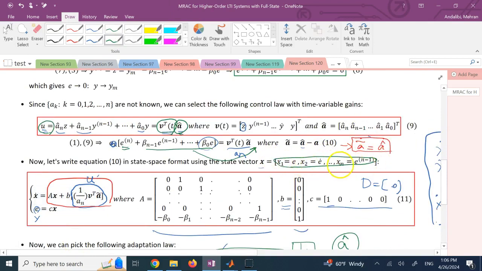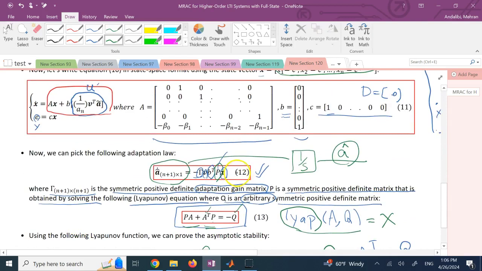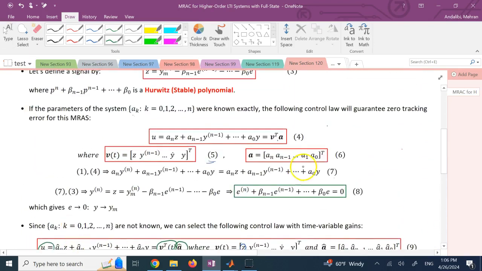So when X goes to 0, that means e and all its derivatives go to 0. When A tilde goes to 0, that means A hat is converging to A. So clearly, equation 12 gets B from 13, it gets B and X from 11, gamma you just pick, and it gets V from relation 5. That should definitely stabilize the system for you.